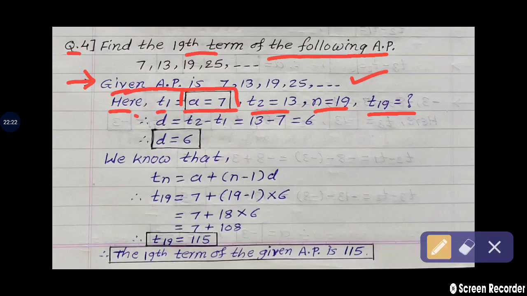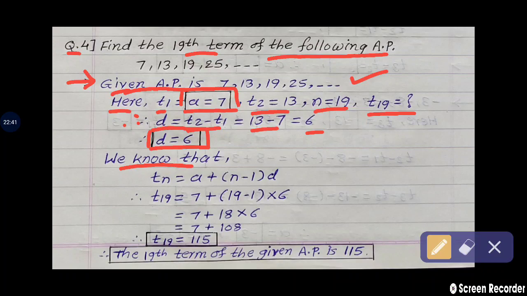First we find the difference. D is equal to T2 minus T1. T2 is 13, 13 minus 7, that is 6. So highlight again, D is equal to 6. So the first term and common difference we know up to this step.